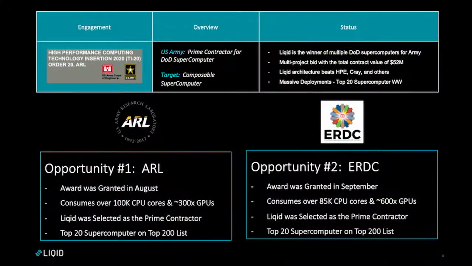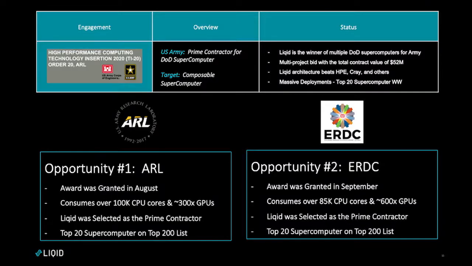And we have turned around and built large scale solutions around that fundamental baseline work that we had done earlier in the year. And the two wins that we're very eager and excited to talk about is one is with the Department of Defense Army Research Lab, and the other one is the Department of Defense Engineering Research and Design Center.